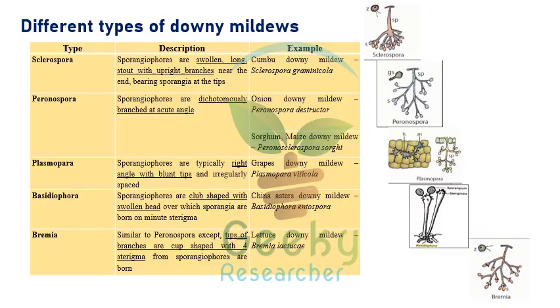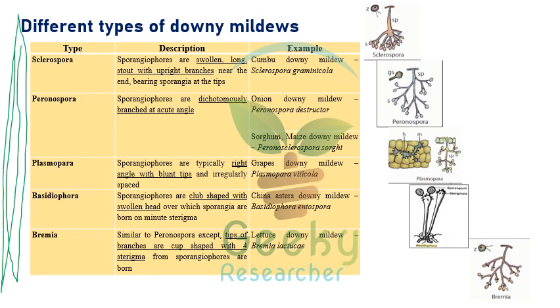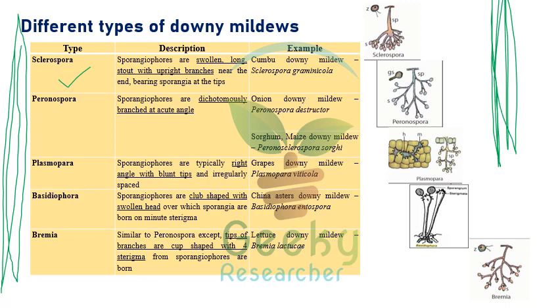Okay. So the next one is different types of downy mildew. Here the downy mildew types are mainly based on the arrangement of sporangiophores. I'm simply telling the sporangial description along with the sporangiophore description and the example only. We may expect they will ask questions like that.